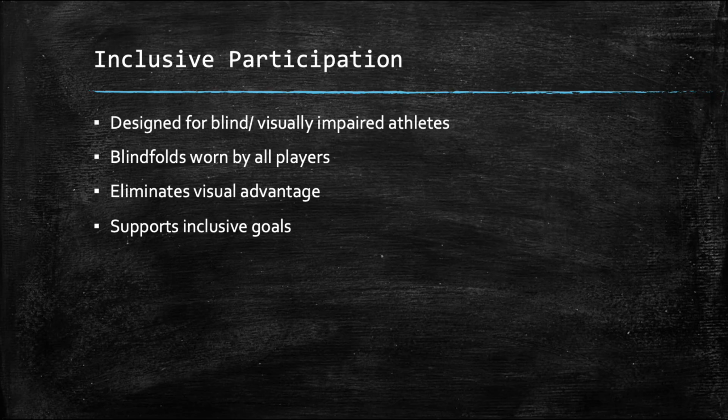For sighted students, this creates a powerful learning experience. Students who are normally confident in physical education must rely on their other senses, while students who may struggle in visually dominant sports often feel more confident.